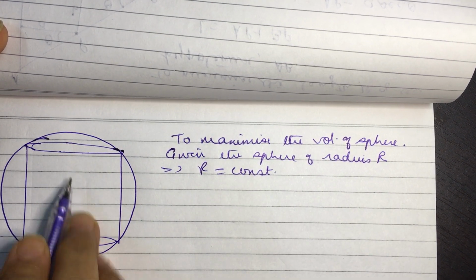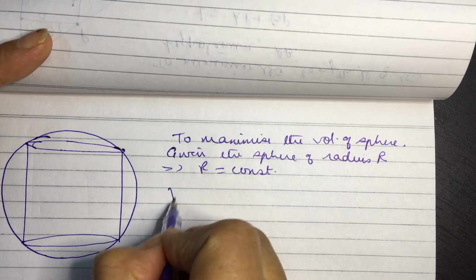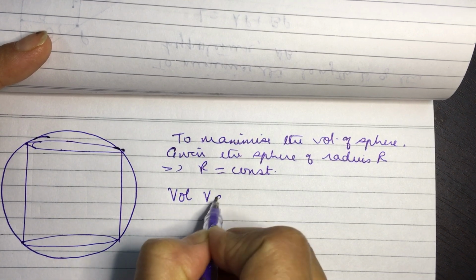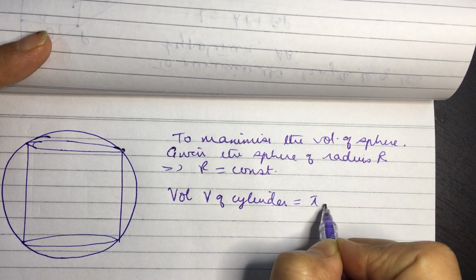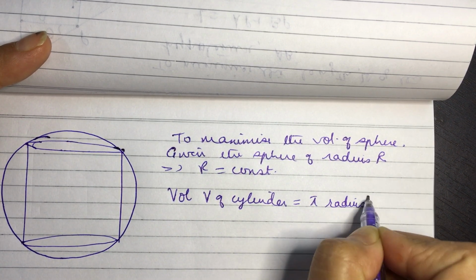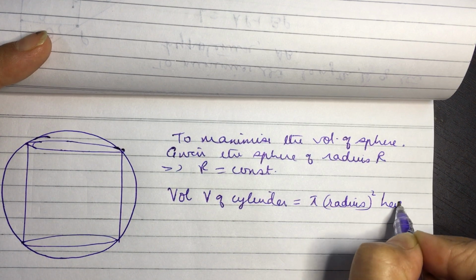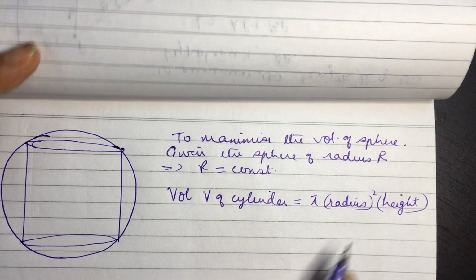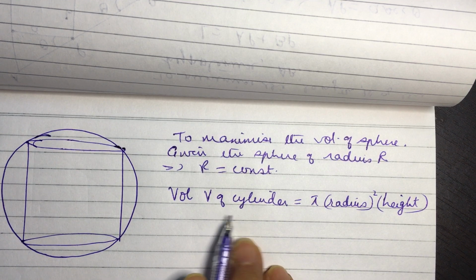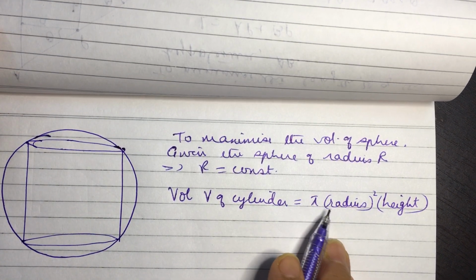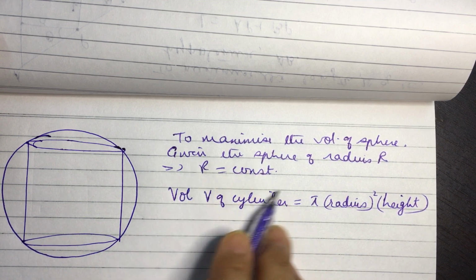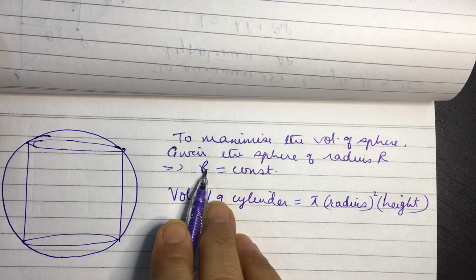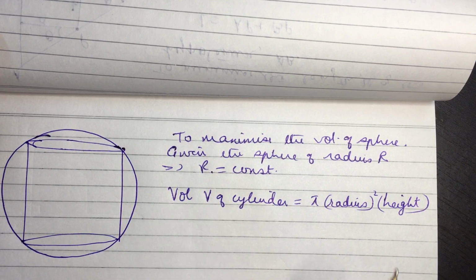Okay. So now volume V of cylinder is equal to pi into radius squared into height. Okay. Pi r squared h is the formula for the volume of the cylinder. Now we want to write radius and height in such a manner that we write them in terms of the radius of the sphere and only in terms of one single variable.